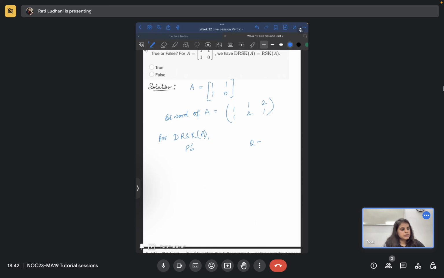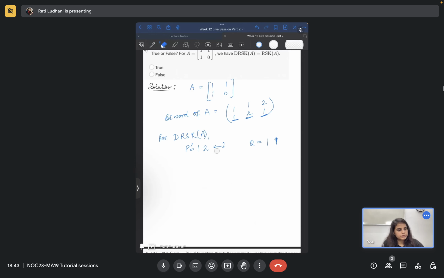So we will try to find P dash and Q. First we'll insert 1. So again, simply 1. And now we insert 2, so we'll get 2 corresponding to that 1. Now we'll insert 1. When we insert 1, what will bump out?